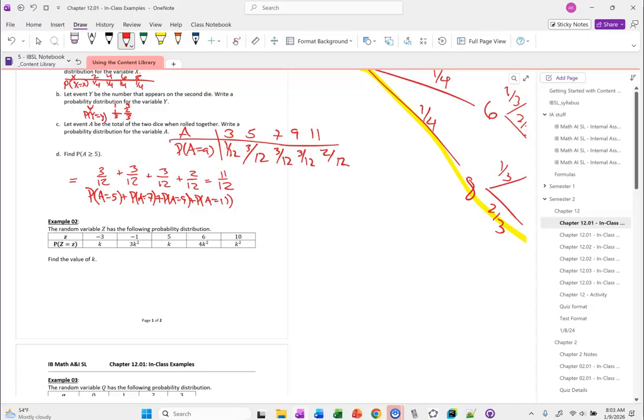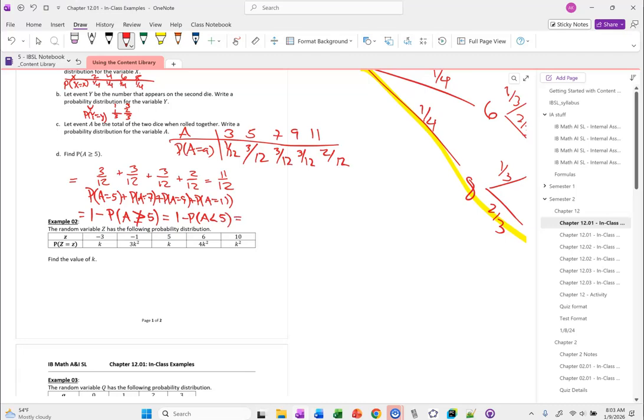Yeah, or you could have said this is 1 minus the probability that A is not greater than or equal to 5, right? Not greater than or equal to 5 means that it is less than 5.